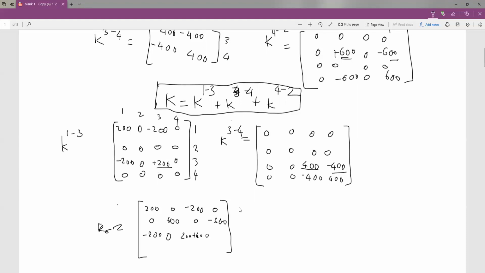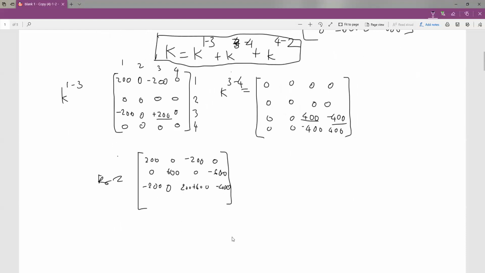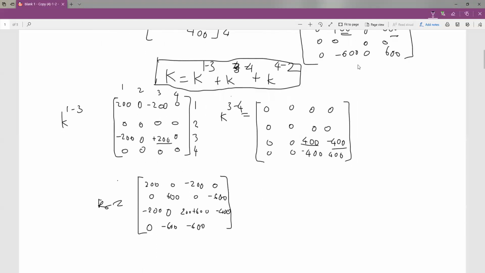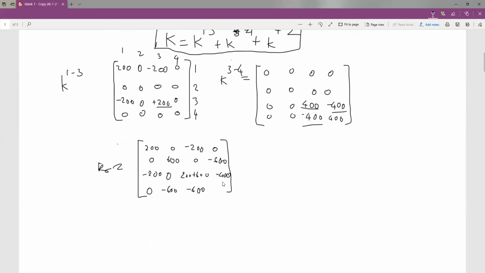Then minus 400, 0 minus 600, minus 400 from here. Then 600 plus 400, the last term, 600 plus 400. This is simple matrix addition. And on the right hand side, of course, this was the K matrix, total stiffness matrix of the assemblage spring.